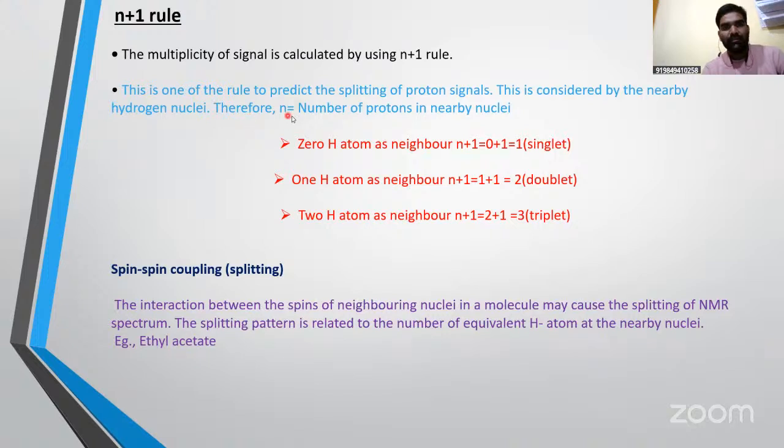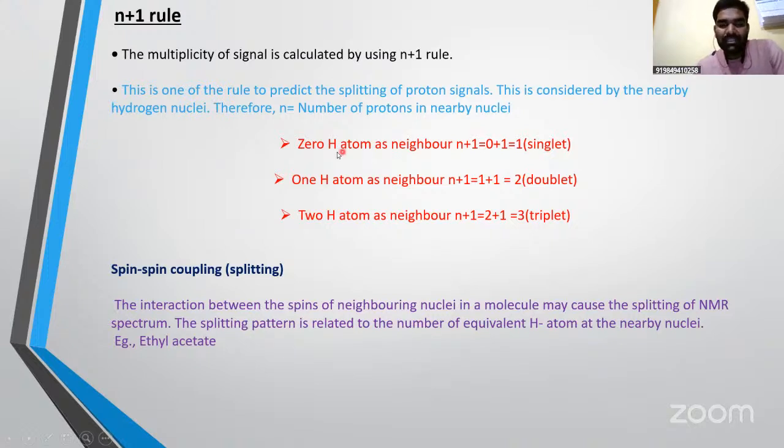Here, small n equals the number of protons in nearby nuclei. In the n plus 1 rule, n indicates the number of protons in the nearby nucleus, here hydrogen atoms. With zero hydrogen atoms as neighbors, n plus 1 is 0 plus 1, which is a singlet.